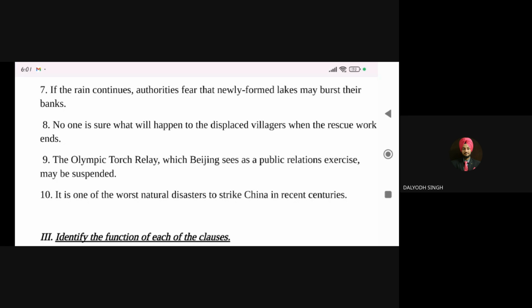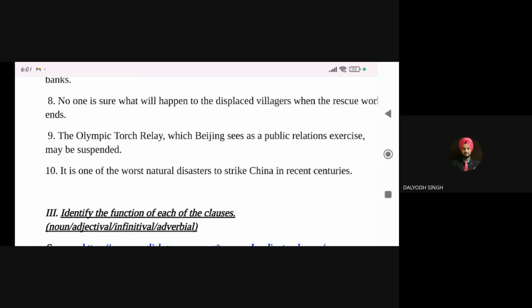When you say to strike, you don't know whether it is past, present, or future. It's the base form or the to infinitive form, as we call it. This is called a finite and a non-finite verb. Any verb that doesn't have a tense shown on it is called a non-finite verb. That is where it gets the name infinitival clause or subordinate clause, because the verb has no tense.